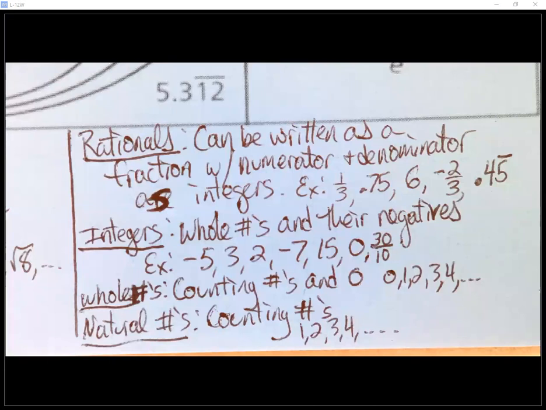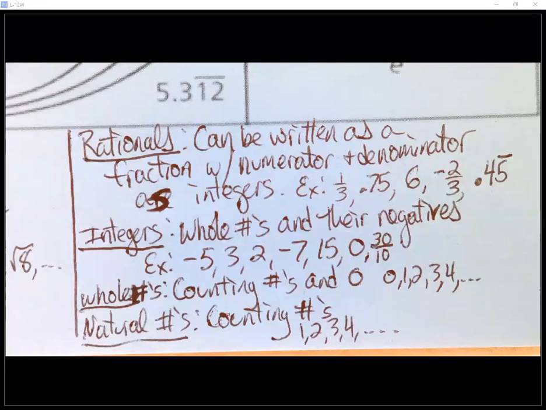It fits into multiple of these groups, but what's the first group that it fits into? You can go even smaller than that. Yeah, natural numbers, because it's a counting number, right? You learned to count to 10 when you were a kid. Counting numbers. So 10 would be a natural number.